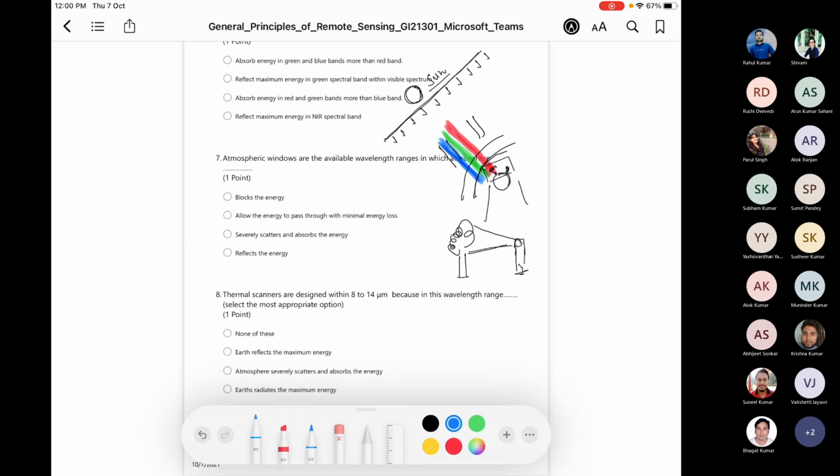What does this mean? It means that all other wavelengths outside of this band, once they interact with our surface object, there is a reflection that is not sensed by our eyes. So when these three bands, blue, green, and red, interact with the vegetation over here.